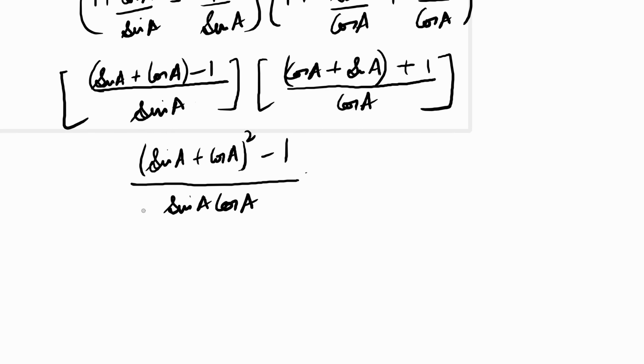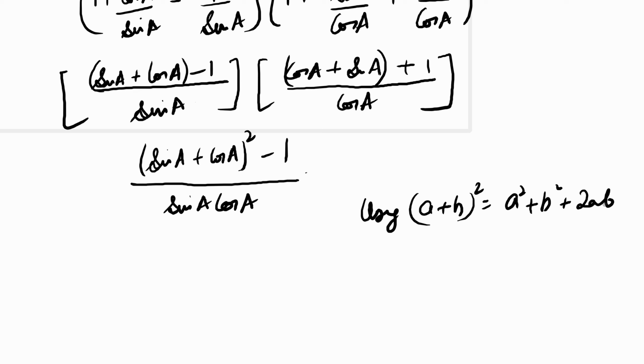Next step, we will open this using (A plus B) whole square. I hope everybody knows it is A square plus B square plus 2AB.